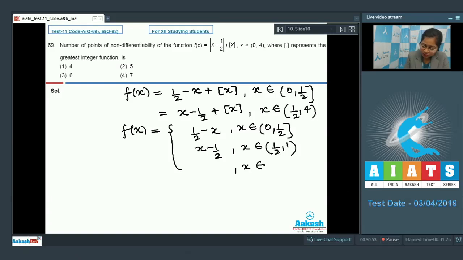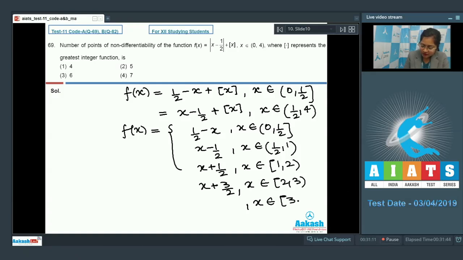And when x will belong from 1 to 2, then its value will be x minus 1 by 2 plus 1, that is x plus 1 by 2. And when x will belong from 2 to 3, then its value will be x plus 3 by 2. Similarly, for x going from 3 to 4, its value will be x plus 5 by 2. So this is the function f(x).